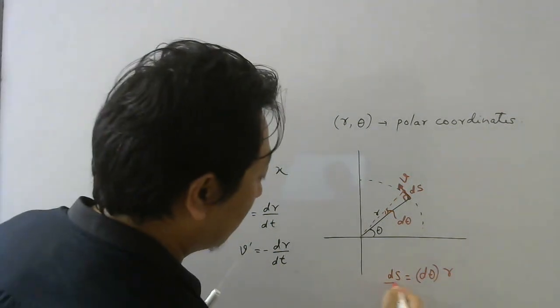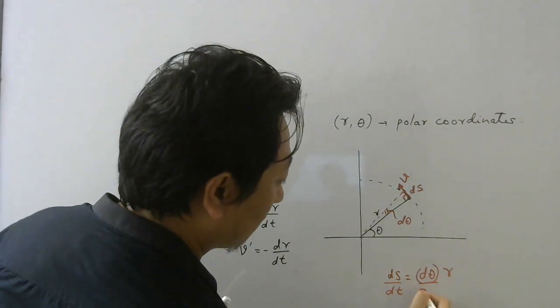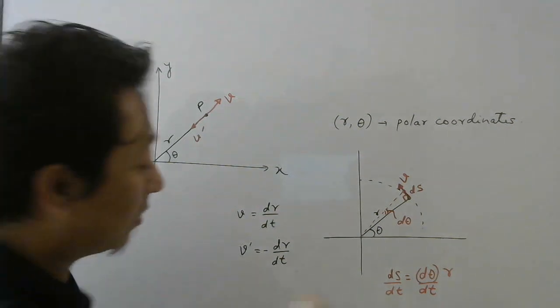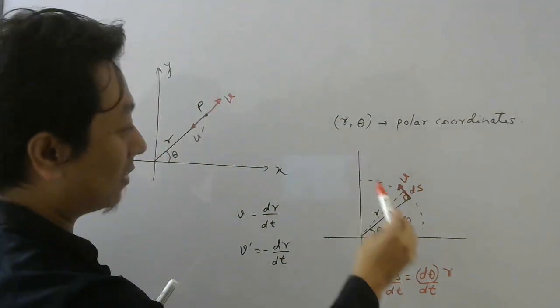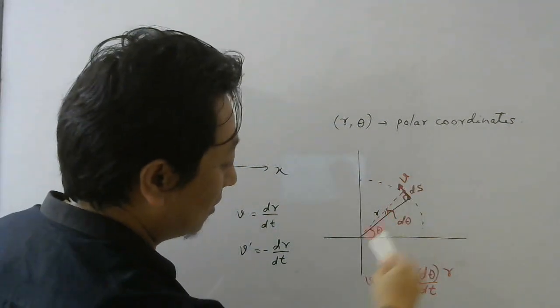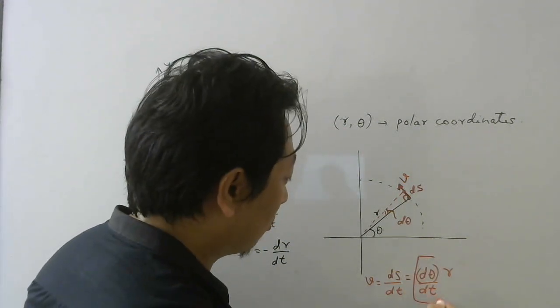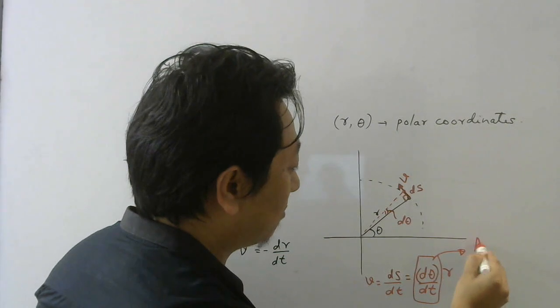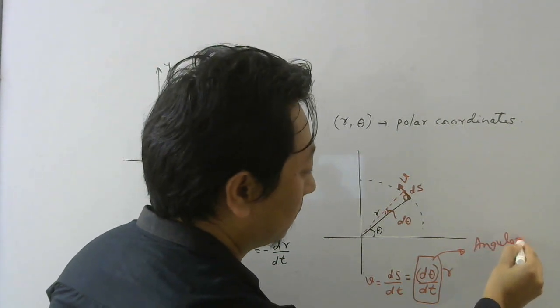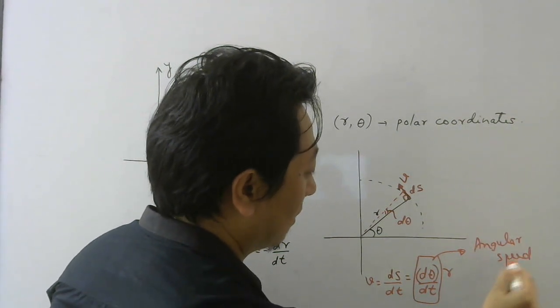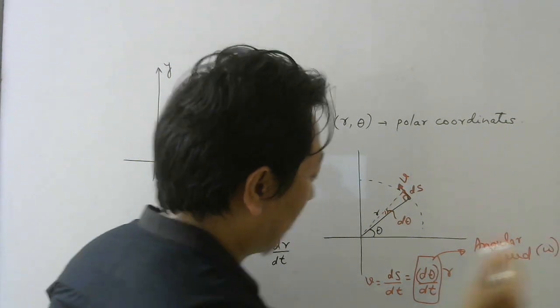And then if you divide this by dt, that would be your speed in the direction which is perpendicular to this r, right? And this ratio is also what we call angular speed, and we give the symbol omega.